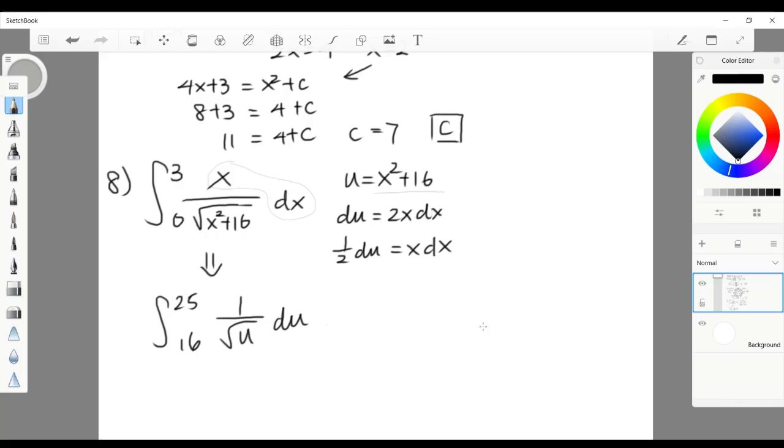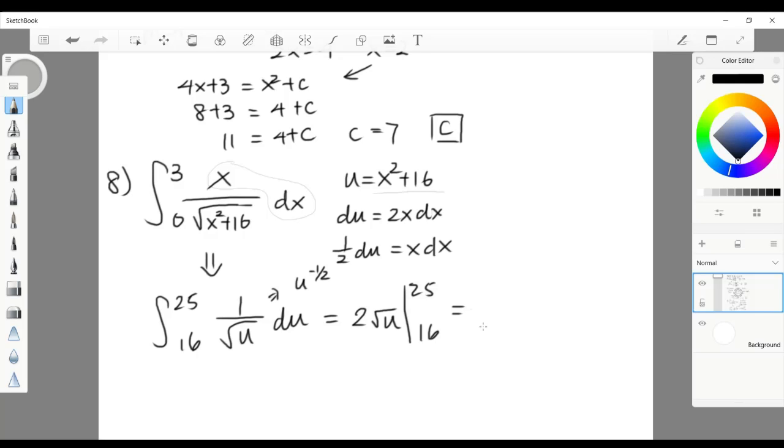After u sub, it's just simple integration. This is equal to u to the negative 1/2 power. So negative 1/2 plus 1, that's 1/2. And then we divide by 1/2, so that's times 2. So we have 2 radical u, with bounds 25 and 16.